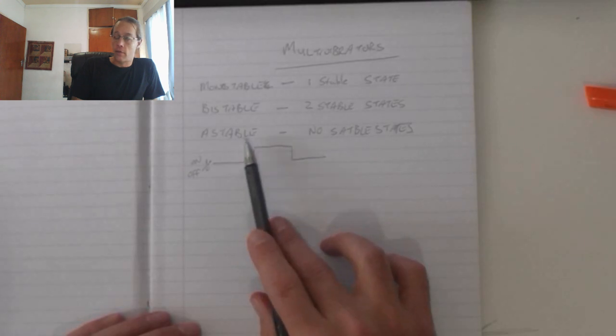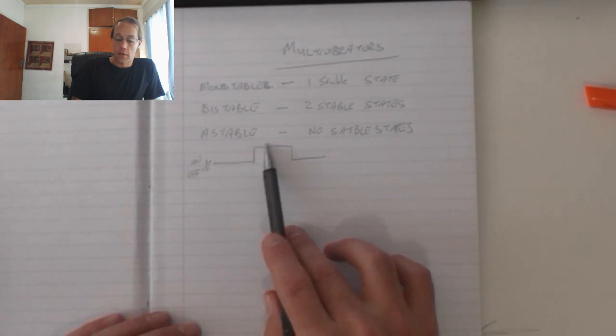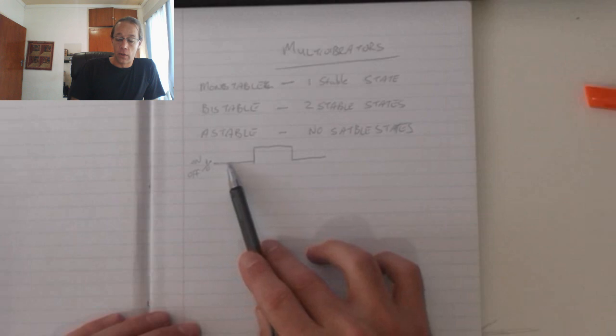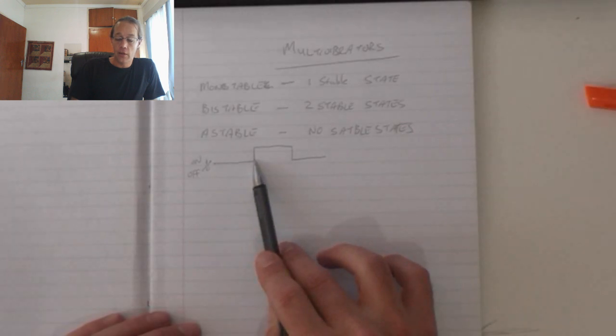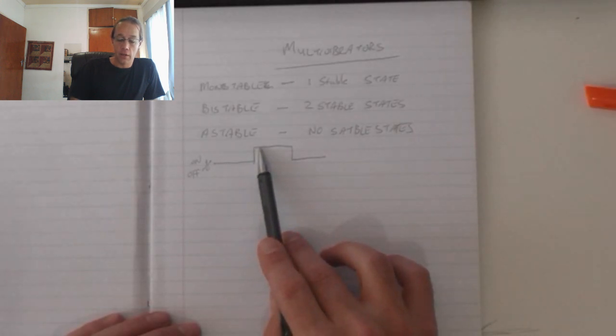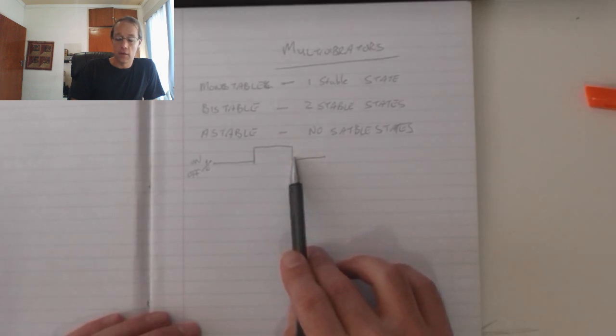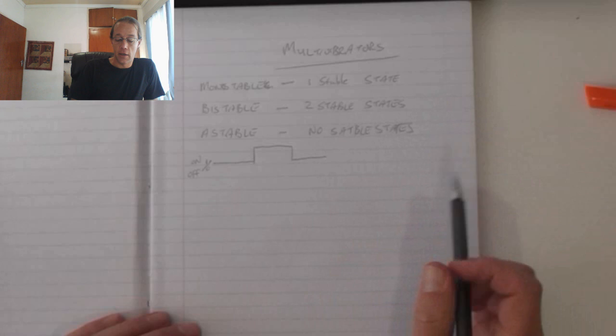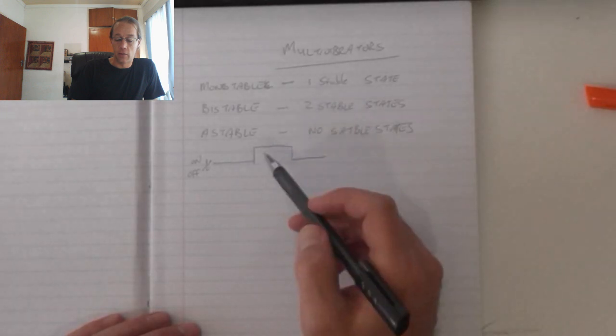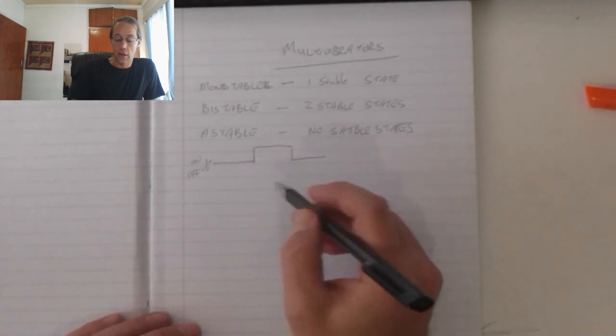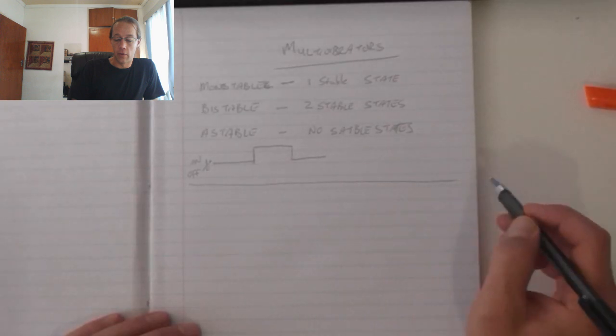With the astable, none of these states are stable, which means it's in the unstable state, and then after a period it switches to the other unstable state, and then after a period of time it then switches back into the other unstable state. But more on these different configurations at a later stage.